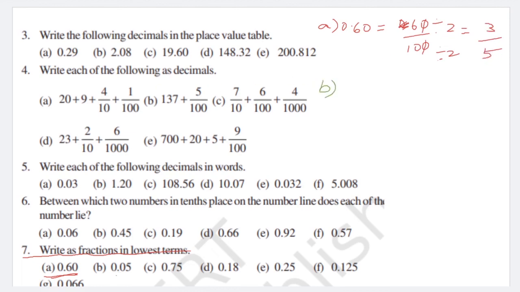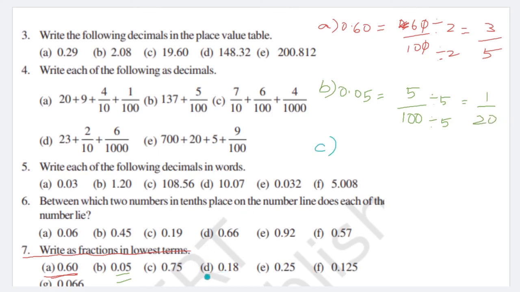Next one, 0.05. 0.05 will be 5 divided by 100. There are two decimal places, after the decimal point there are two place values, so you will have 2 zeros in the denominator. So it will be 5 by 100. Dividing numerator and denominator by 5, you have 1 by 20.